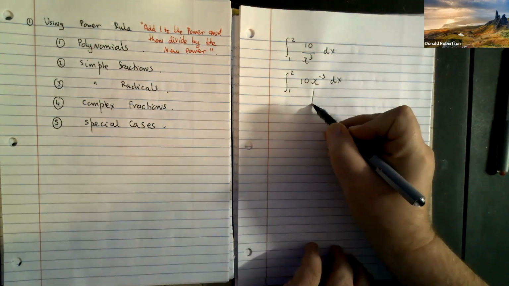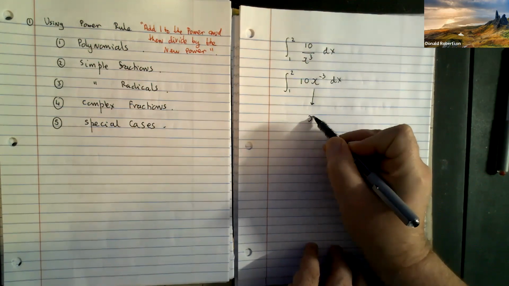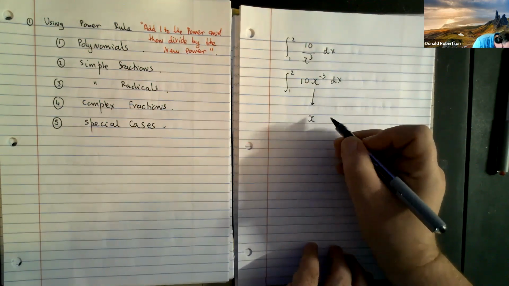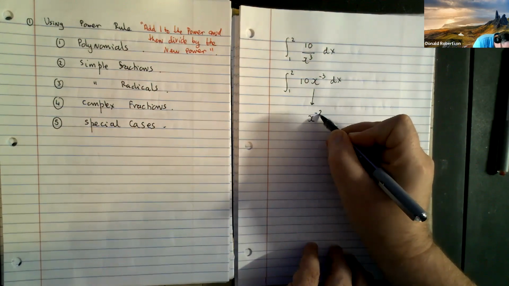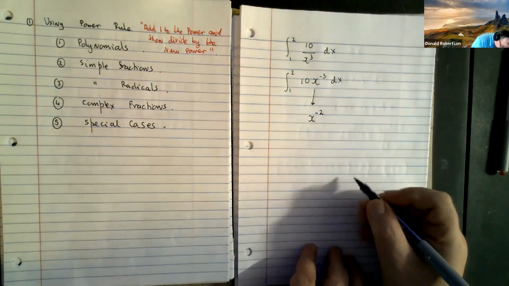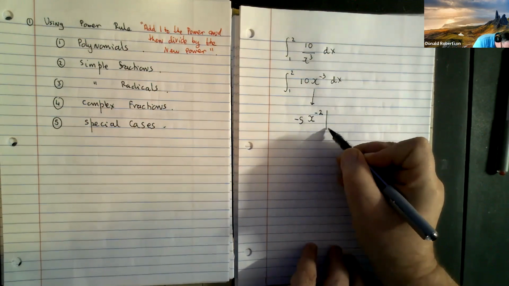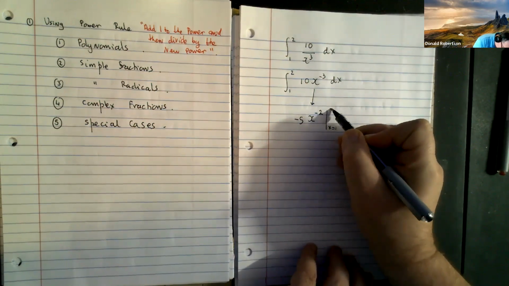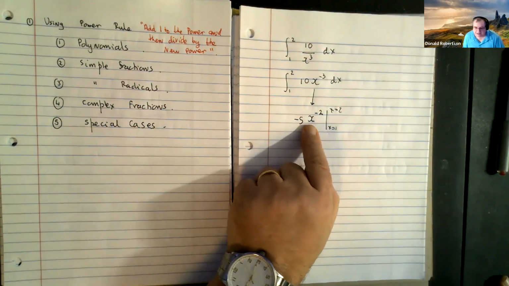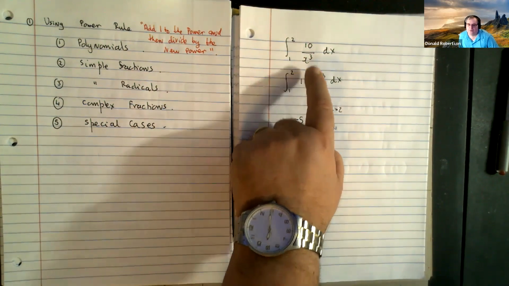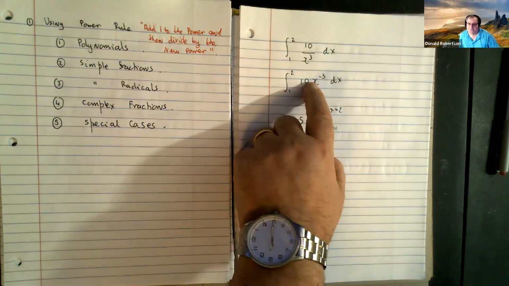So the power rule says add 1 to the power. No, it's not -4. If you add 1 to -3, you get -2. You then divide by that new power, which is where this guy comes from. So what I've just written down here is the antiderivative of this guy, which originally looked like this guy.